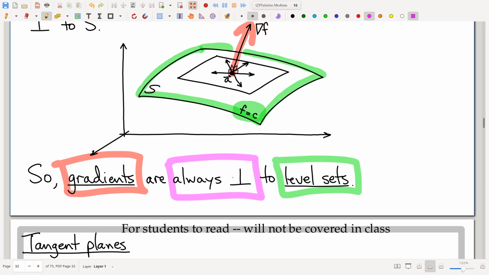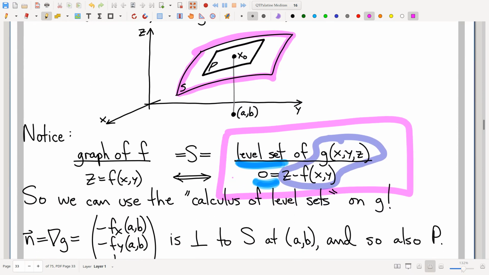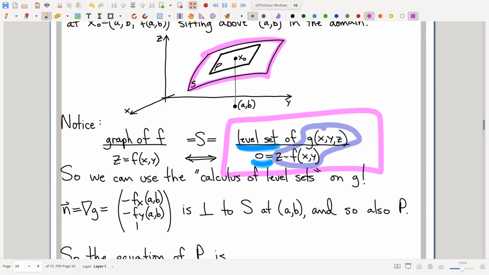Okay, so all we got to do, once we're looking at a level set of some function, take the gradient, that's my normal vector. So that's the big idea here. It came to us as a graph, but once I've got it re-understood as a level set, then this function g, take its gradient.